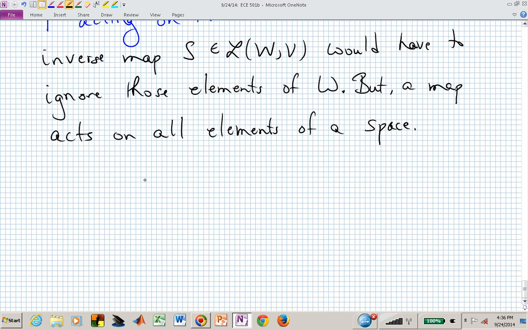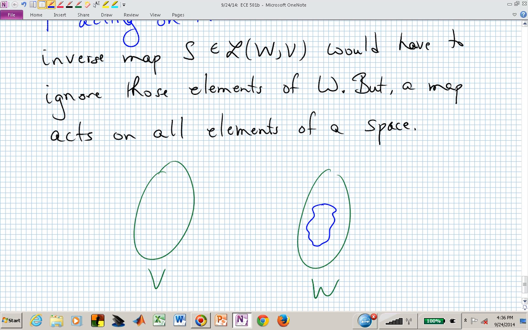Meaning in pictures, we might have something going from V to W, and let's say that that now is the range of our linear map T. And we actually might have points or vectors outside of the range of T in W if we have a map that is not surjective.